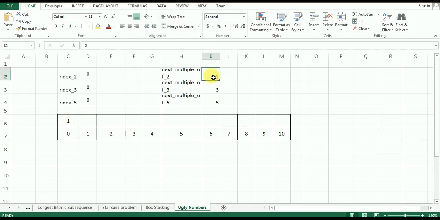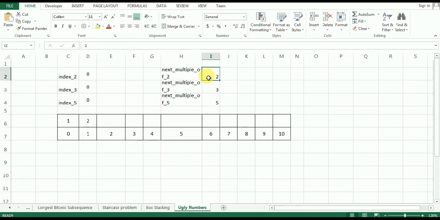It's simple. We are going to find the minimum value out of these 3 integers. So the minimum value, I'm going to put 2 over here. Now this also means that we have taken one value from the series of integers which are coming out of the prime number 2.